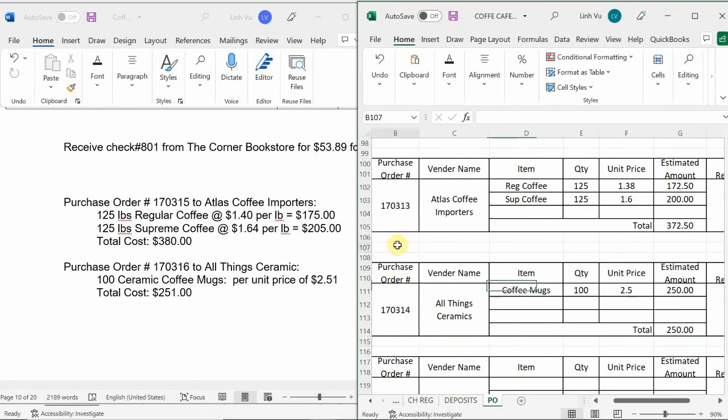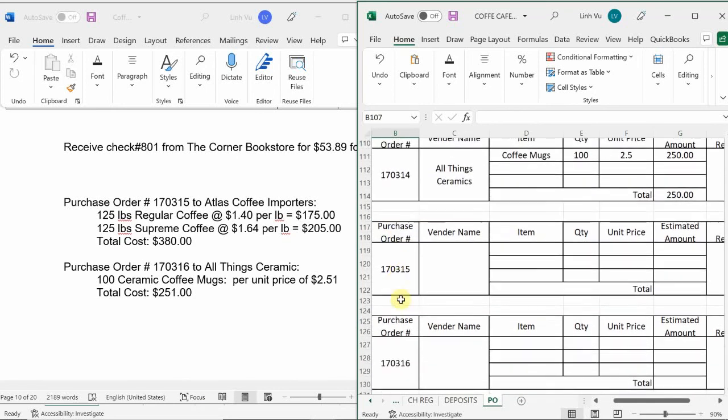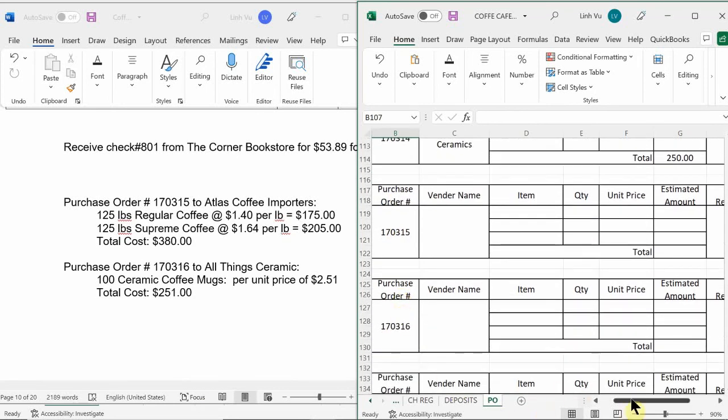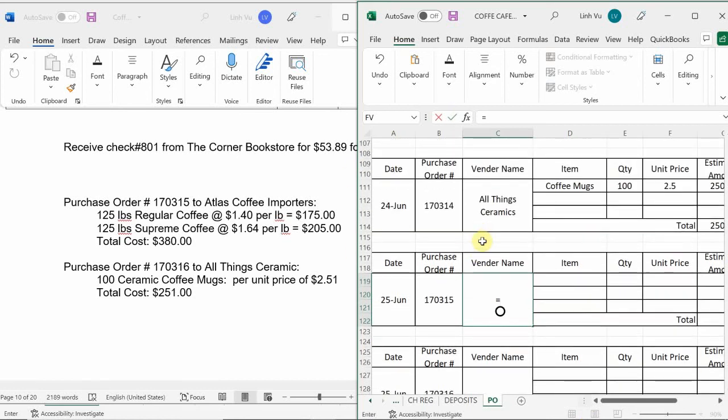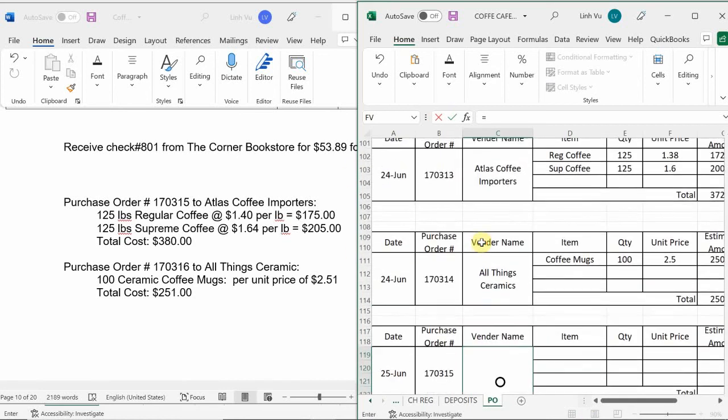Another purchase order of the coffee and the coffee mugs. So again, here we are, the 15th. In this case, once again, we have Atlas Coffee first.